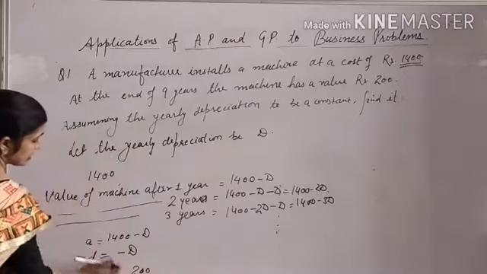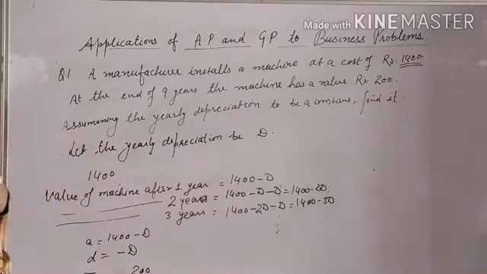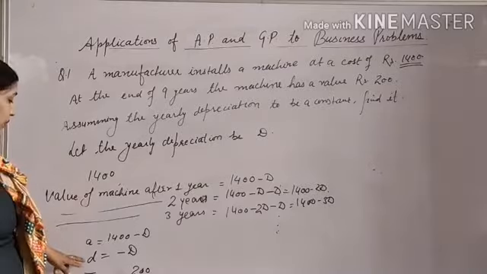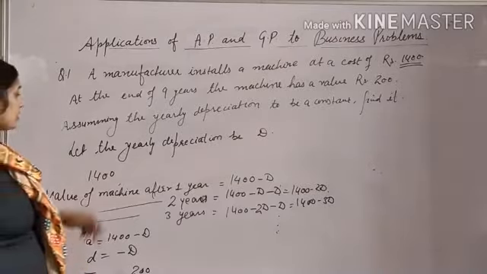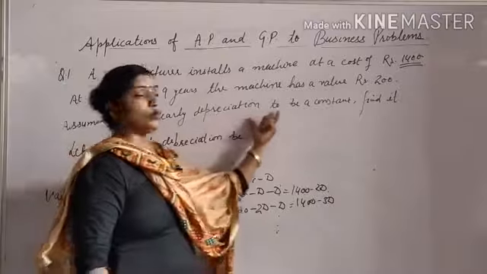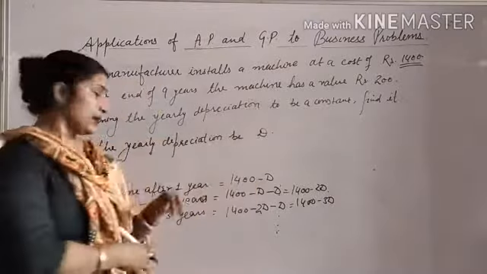So T9 is 200. Now you have to calculate this D because you have to find the annual depreciation.